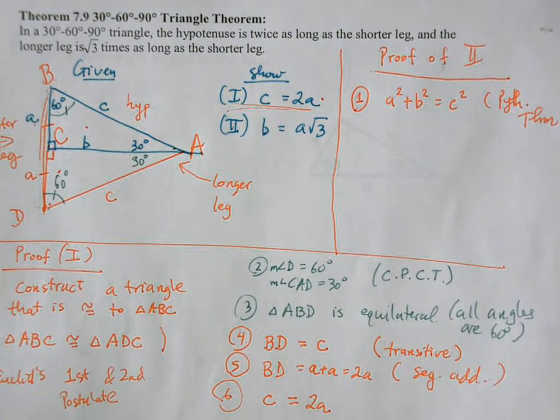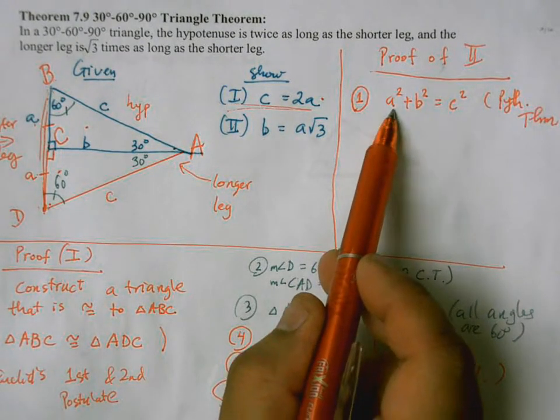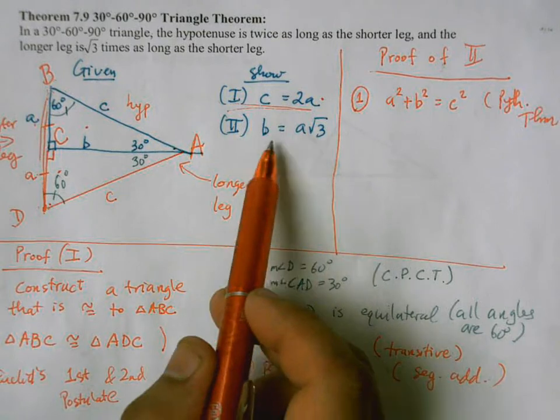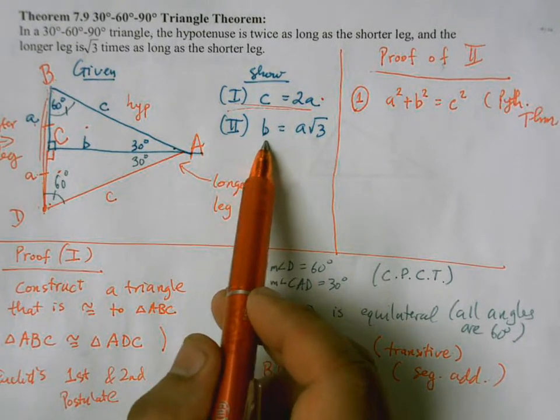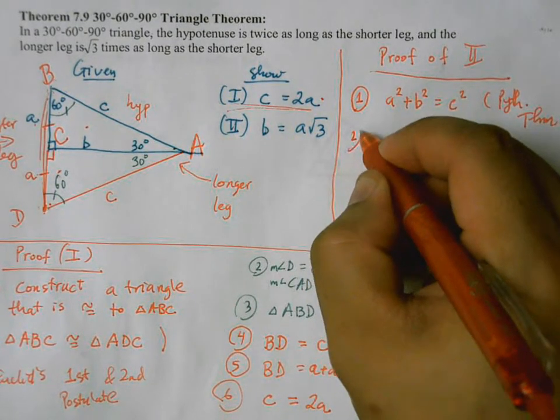That's just the Pythagorean Theorem. We have an expression with A, B, and C, and we want an expression that only uses B and A, so we want to replace C with something.